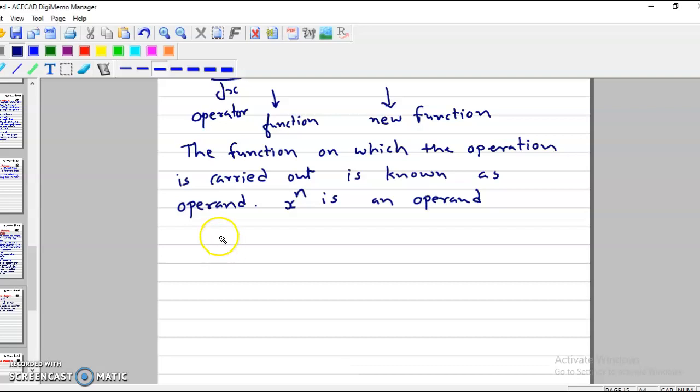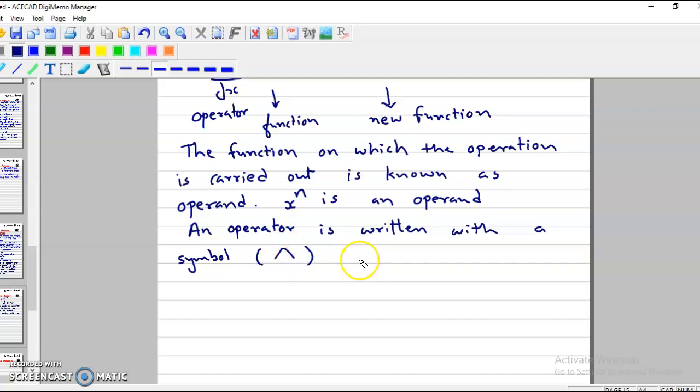An operator is written with a symbol. I am writing this symbol in brackets. This type of symbol is used for an operator, and this is called an overhead. On the overhead we put this symbol that shows that it is an operator.